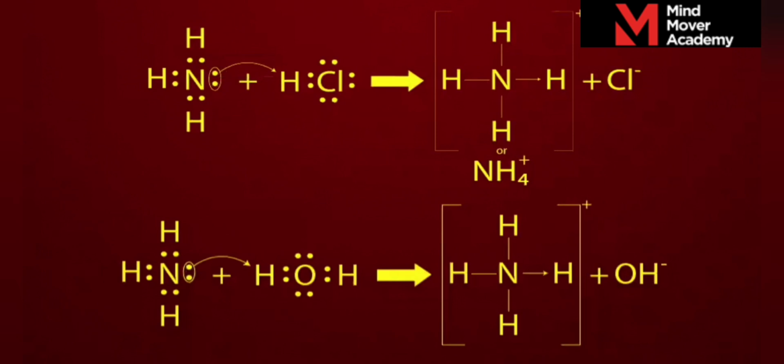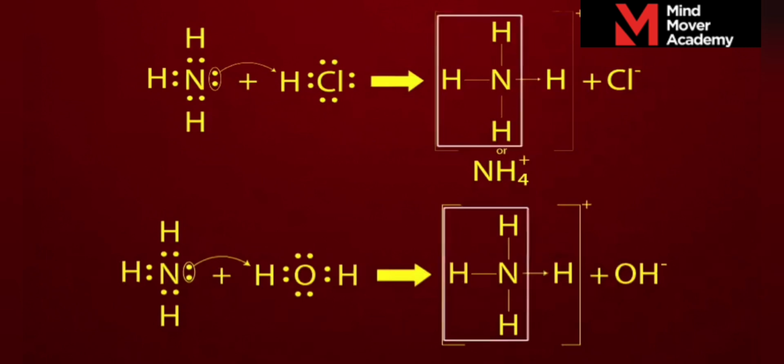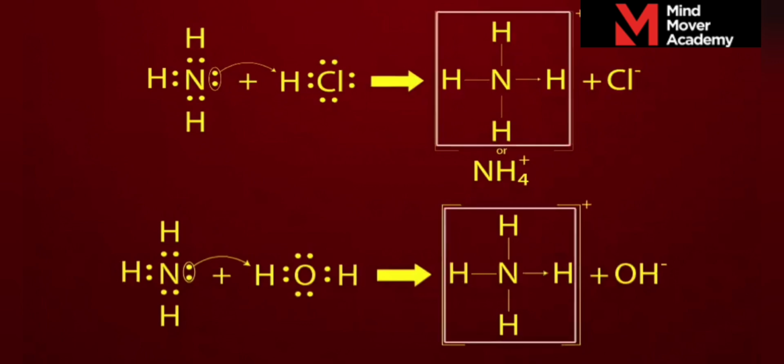Its duplet achieved, the H atom leaves its own electron with Cl or OH. Chlorine and OH become negatively charged, and H+ attaches itself to NH3 to form the NH4+ ion.